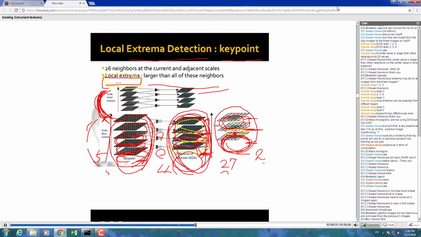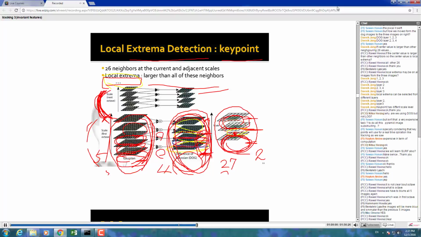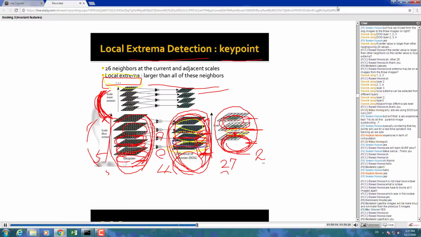By the way, when we generate the second octave, the smaller image comes from the original image, not from the last Gaussian image. We just shrink, scale down the original image, and start the Gaussian blurring again on top of that. Clear?